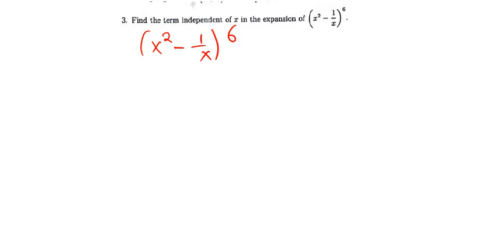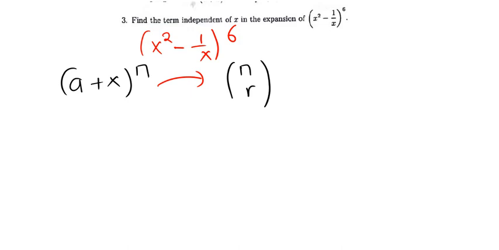Alright, we already understand that if you have a binomial in this form, let's call it (a plus x) raised to the power n, to find any term of that expansion we can use a formula: n choose r, those are the coefficients, then a to the power n minus r, and then x to the power r.